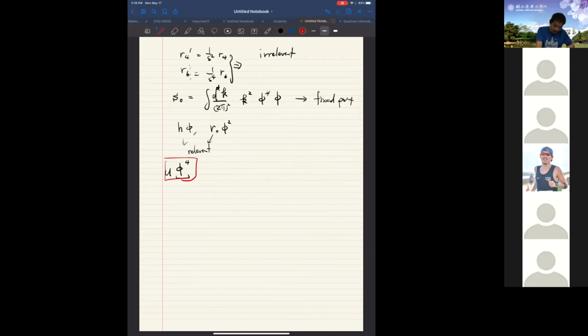Okay. So it's very straightforward. Let's start at the fixed point, which is the Gaussian fixed point in here, with additional mass term, which is this one. So let's just neglect the linear term for this action for simplicity.